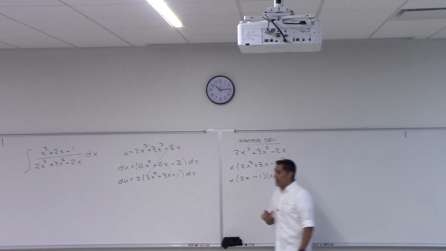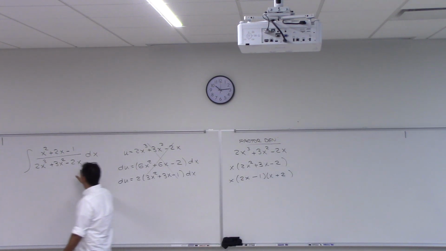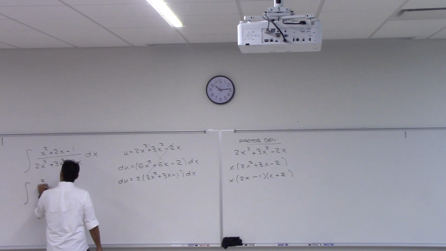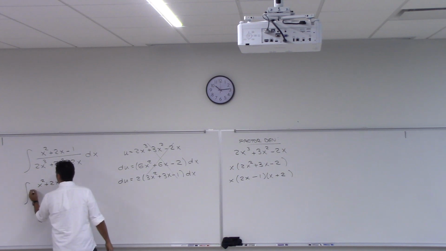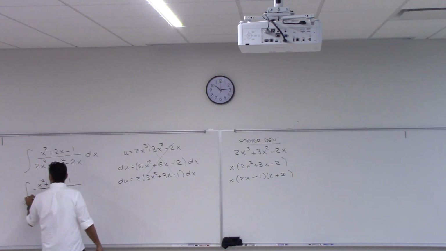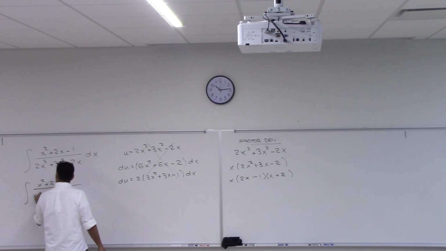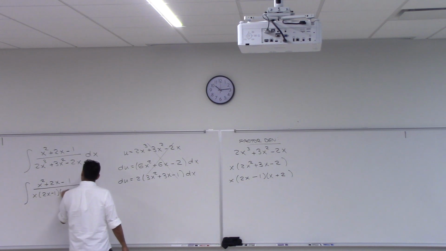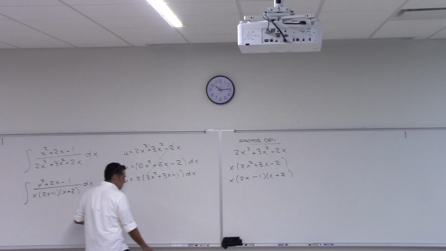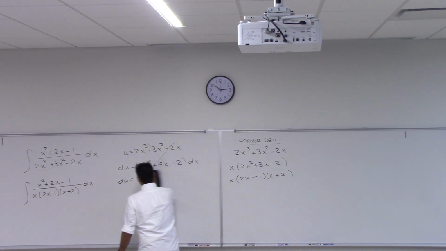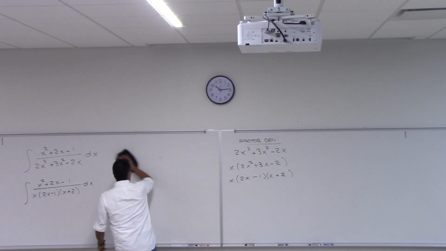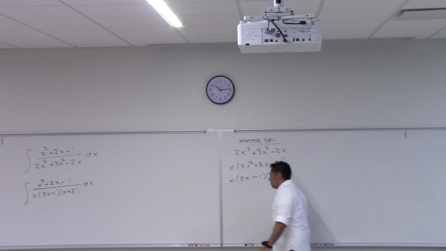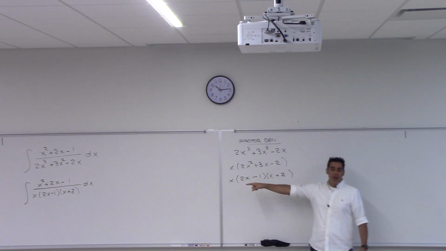Okay, now we come back here and say, all right, I know I can rewrite this as the integral of x squared plus 2x minus 1 over those three factors, x, 2x minus 1, and x plus 2, dx. So I'm trying to solve that now. The whole point of that factoring technique is to now be able to identify my factors.